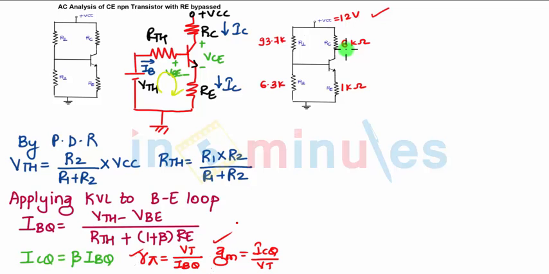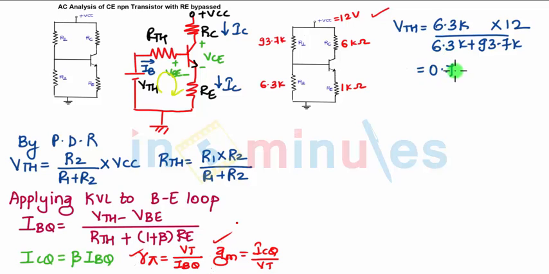As you know, we can find VTH. How to find the value of VTH? As you know the formula, in this case VTH is R2 upon R1 plus R2. For the values, VTH will be R2 is 6.3 K upon 6.3 K plus 93.7 K multiplied by total voltage, which is 12. So you can find the voltage VTH as 0.756 volts, right?